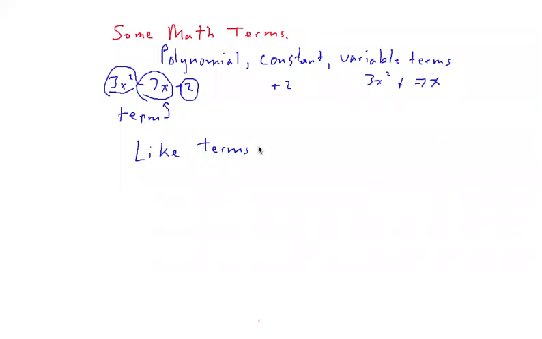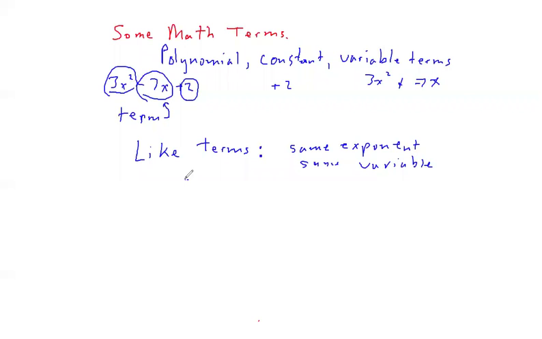Like terms are when two terms have the same exponent and the same variable. For instance, none of these are like terms. 3x squared and 7x have the same variable, x, but one is squared and the other is single.